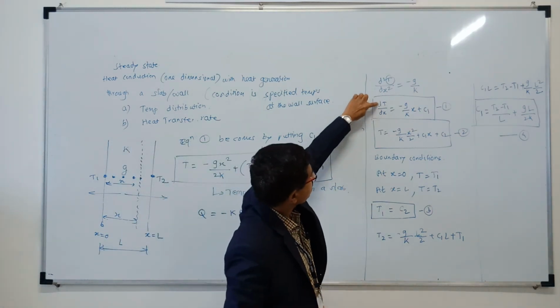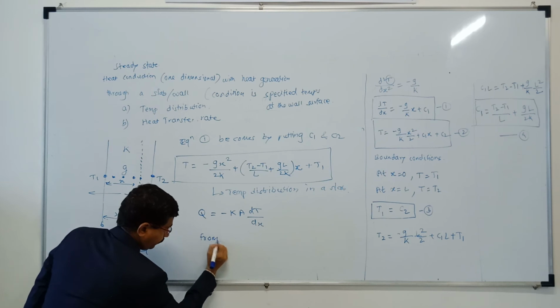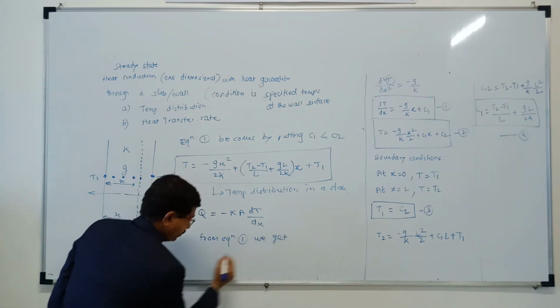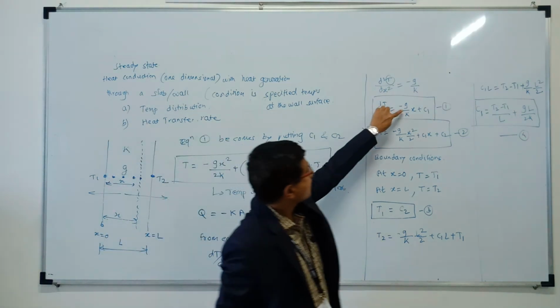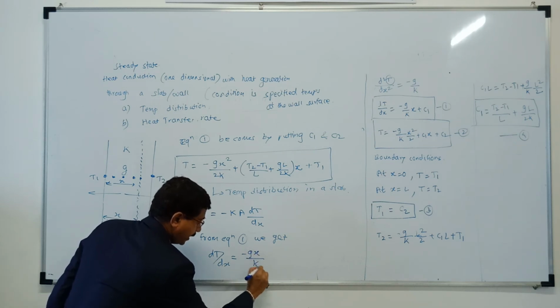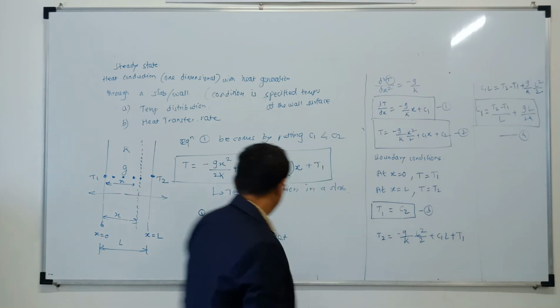dT by dx is here. Okay. So from equation 1 we get dT by dx is equal to minus Gx by K plus C1. What is the value of C1? Just put it here.